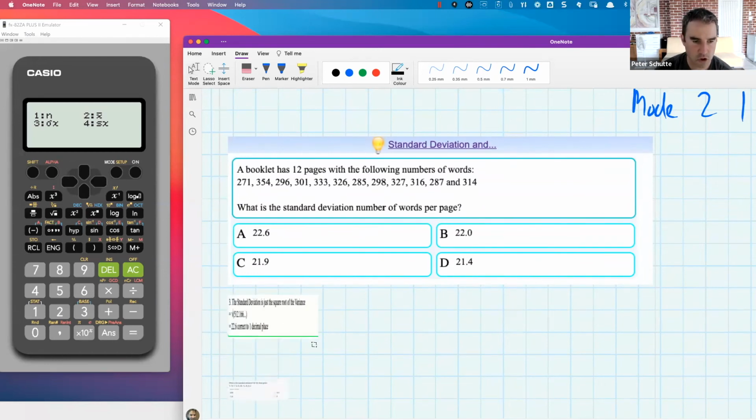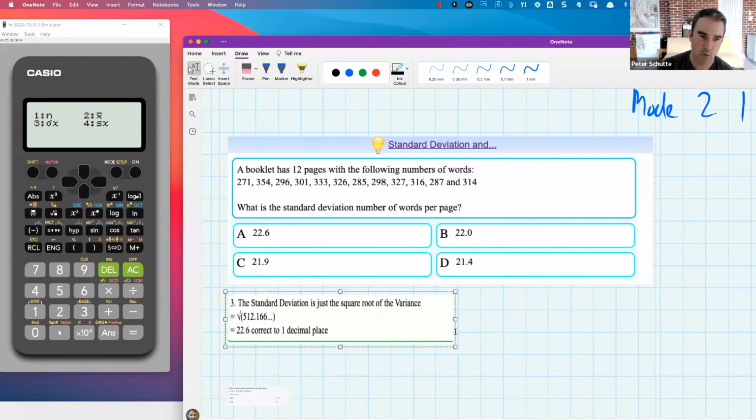So you should get the answer of 22.6, which should be A. So A should be your answer. Kukle, what's your question? Hi, sir. I was just wondering if we have to order the numbers in ascending order, or does the order not really matter? Okay.